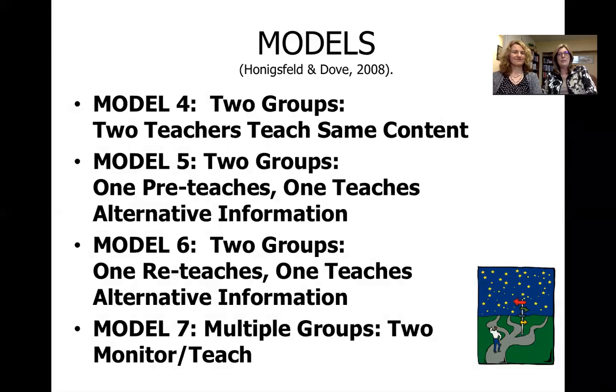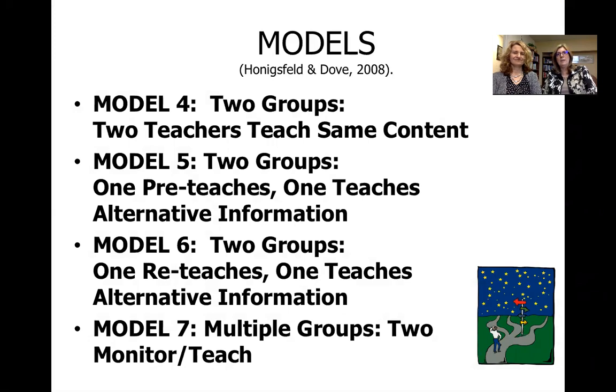The next three models, models 4, 5, and 6, allow for two groups of students. In model 4, most often the two groups are fairly even, and the grouping strategy that is used very often is heterogeneous.